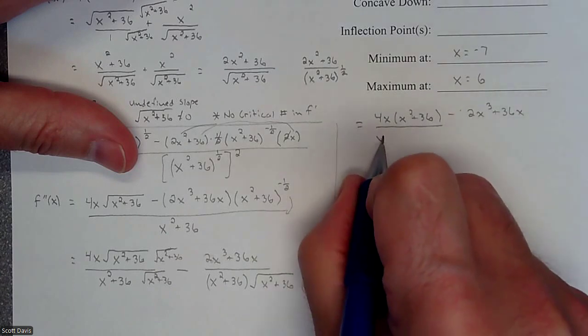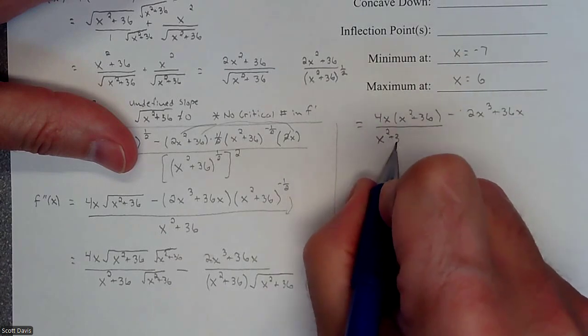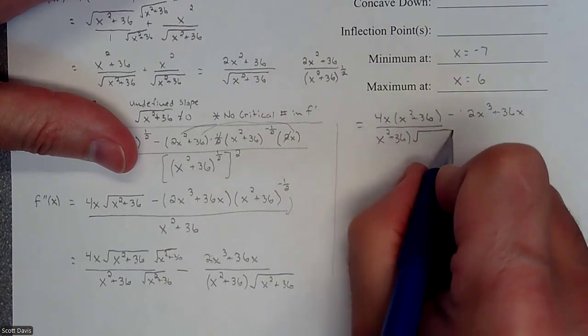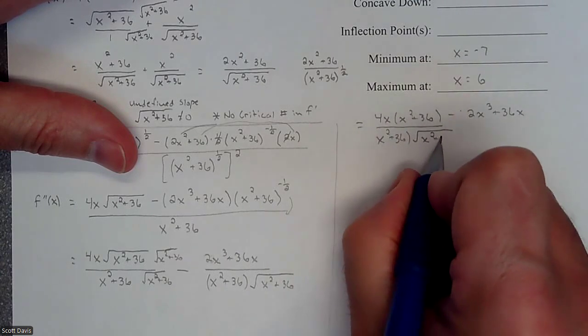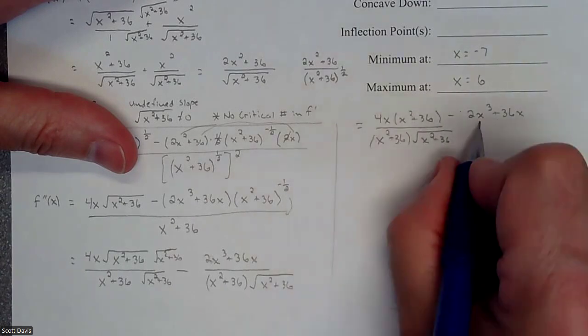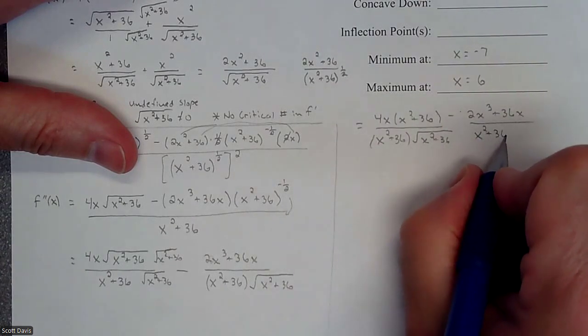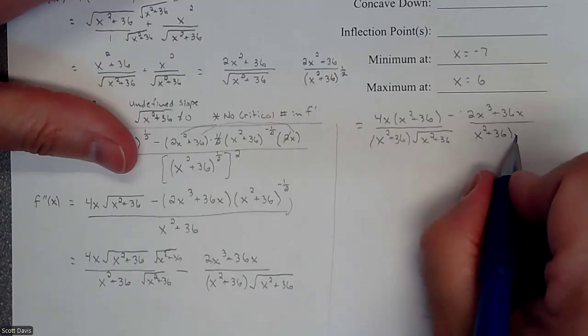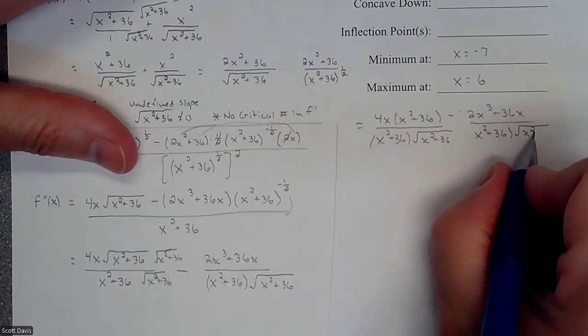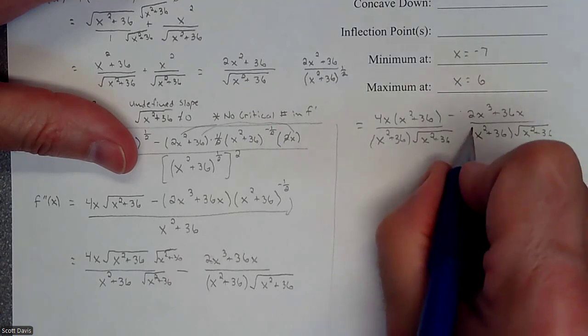And that is over this x squared plus 36 in a square root of x squared plus 36. And same thing on this one. x squared plus 36, square root, x squared plus 36. Whew.